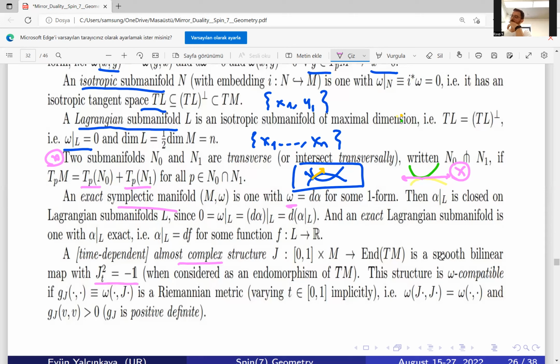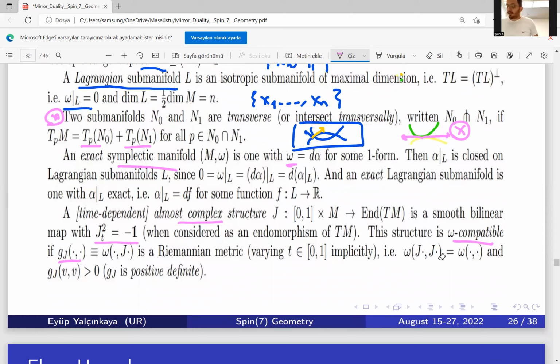And the compatibility means, if you look at that, you can define the metric with respect to these two forms, taking J times the second vector, defined with the metric, okay?